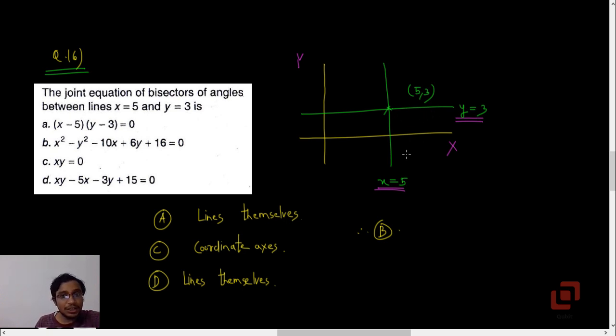Now we don't want the joint equation of these two lines, mind you, which means we will not consider option A, because option A represents the lines themselves, and so does option D. If you just multiply x minus 5 by y minus 3, you will get option D. And if you go to option C, xy equal to 0, these are basically the coordinate axes. This is the joint equation of the coordinate axes. So A, C and D are ruled out, so the option that remains is option B.